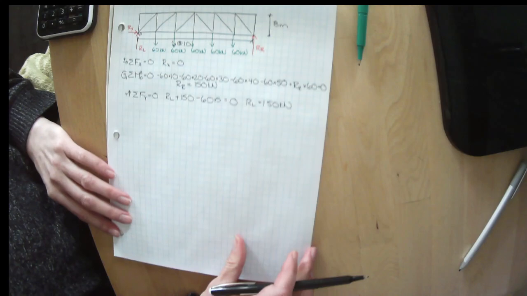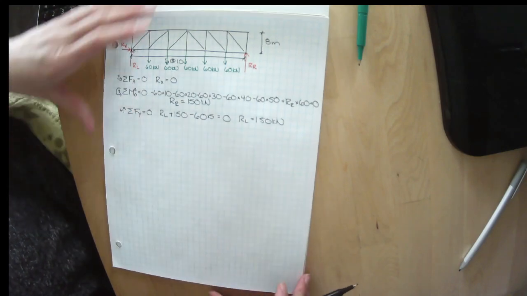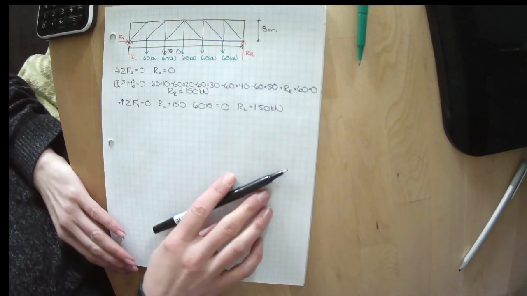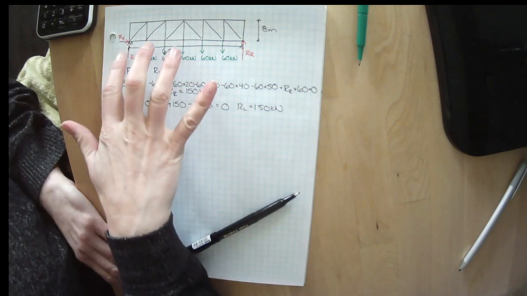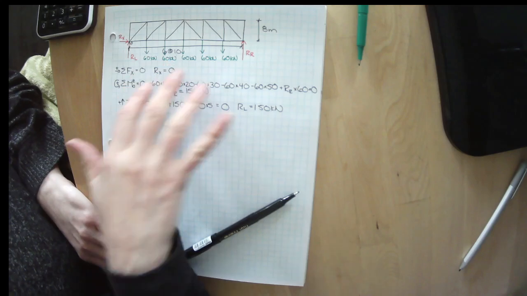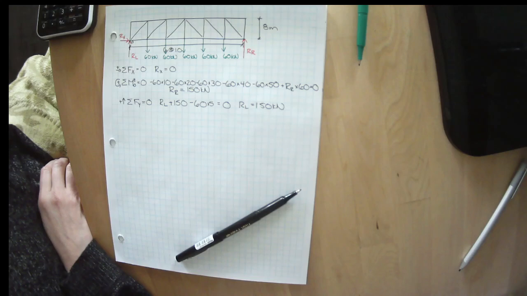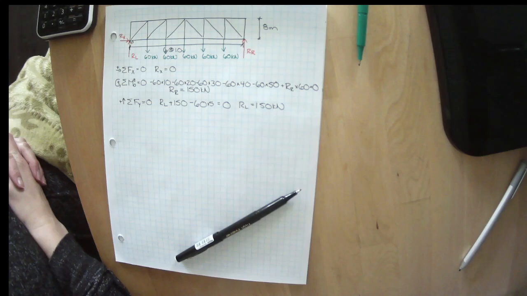Well, let's talk about two things. We know that we're going to want to go through and label this and solve for all the forces. What do you think we could do to make this half the work we might normally do? Anything that you can think of about this truss?